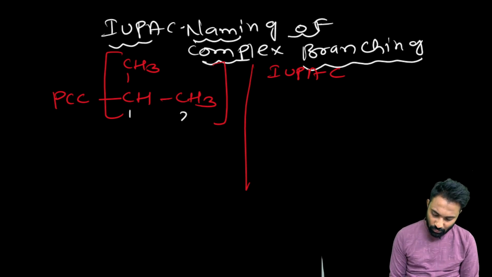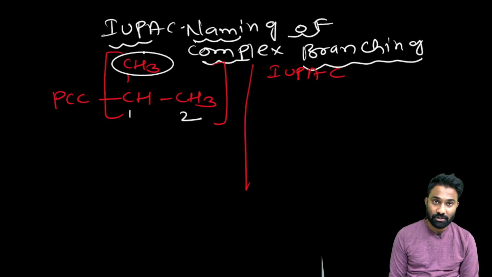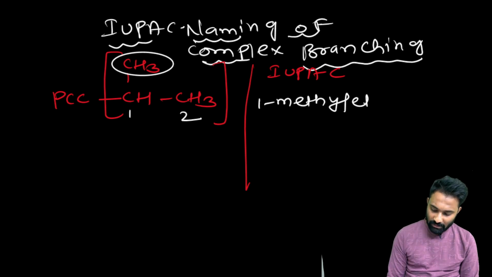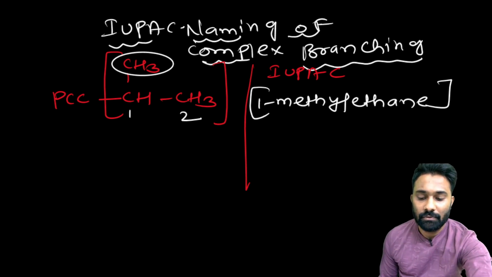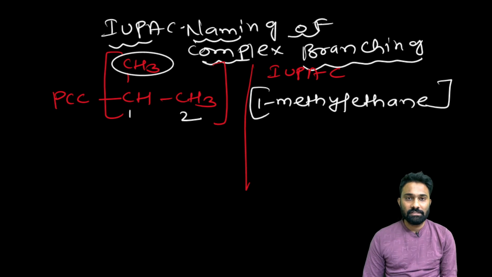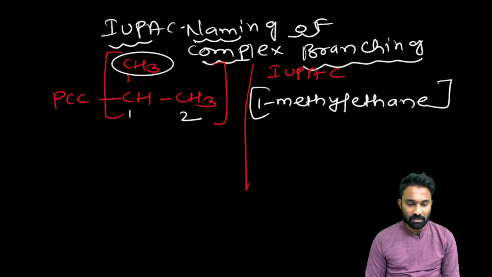So this is 1, 2, and at the one position a substituent is present, a methyl substituent, and these 2 carbons. So 1-methyl, parent carbon chain 2 carbons, 1-methylethane. This complex substituent's IUPAC name is 1-methylethane.